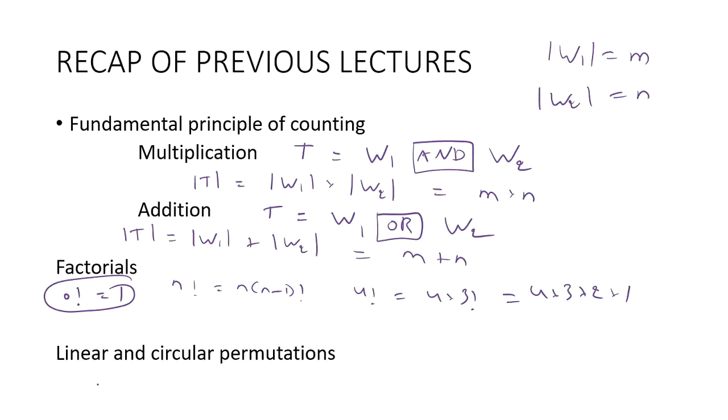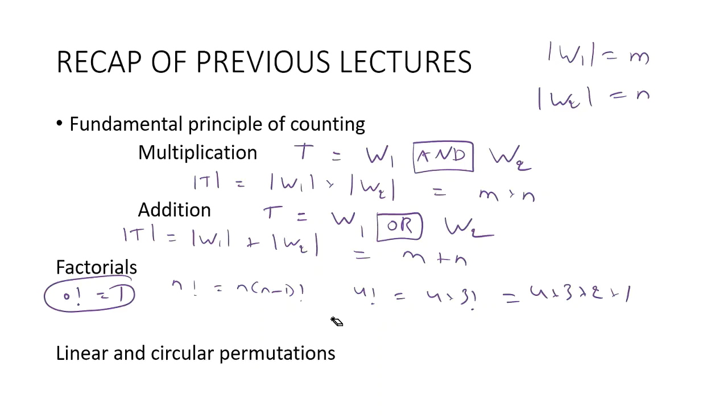And then we have discussed linear permutations and circular permutations. If we arrange things in a row, it is called a linear permutation. If we arrange things in a circle, it is called a circular permutation. And we have seen a few differences between them.